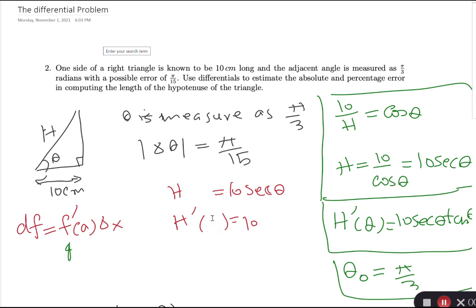Theta 0 is pi/3. So h is 10 secant of pi/3, and h prime is 10 secant of pi/3 tan of pi/3. So now I need to figure out what the secant of pi/3 is and what tan of pi/3 is.